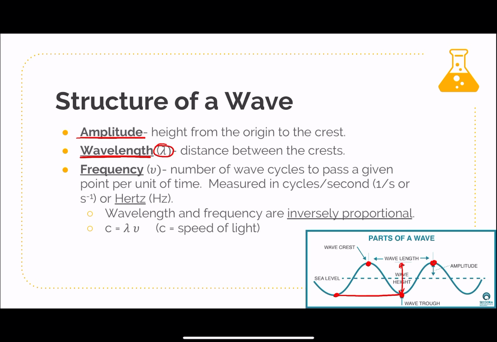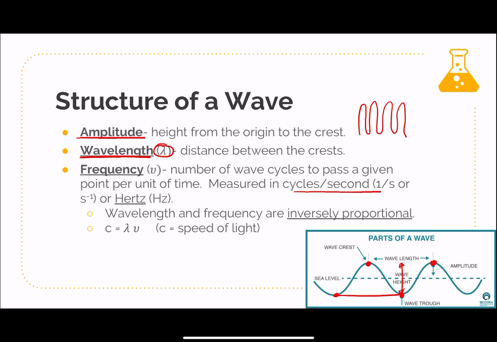And then you have the frequency. So the frequency is the number of cycles that pass in a given amount of time. So it's usually measured in cycles per second, okay? Sometimes I like to think about a jump rope, okay? If you shake a jump rope really fast, you'll have more ripples in 5 seconds, right?